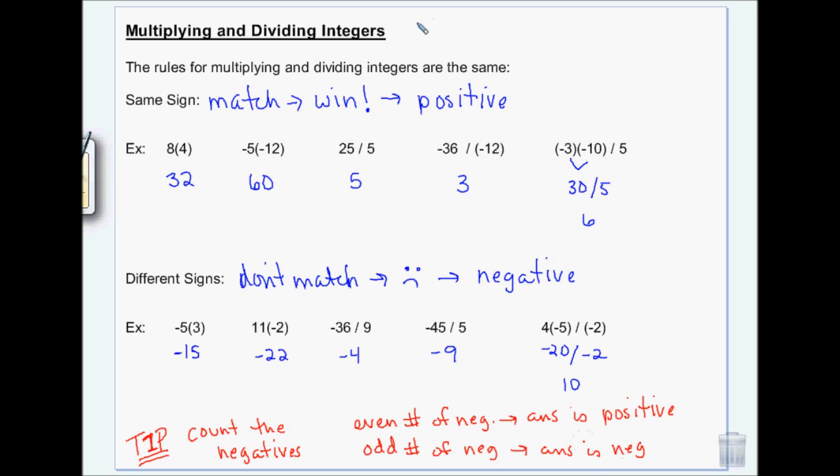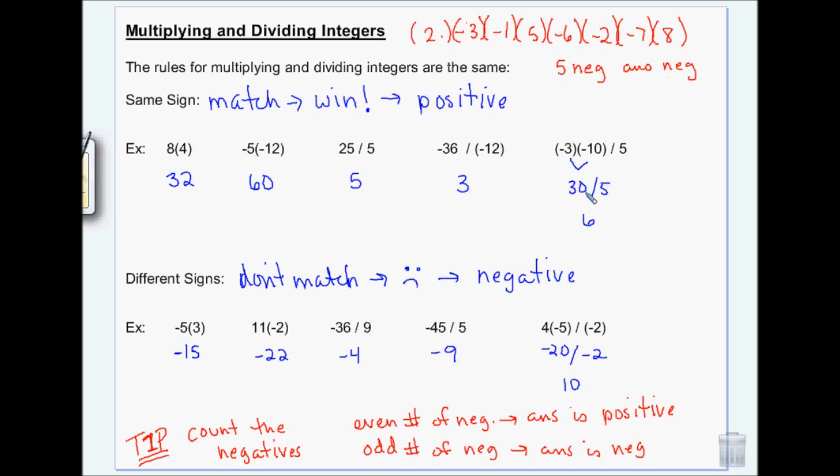So just as an example, if I asked you to multiply all this together, you can say there are 1, 2, 3, 4, 5 negatives, so my answer is going to be negative.